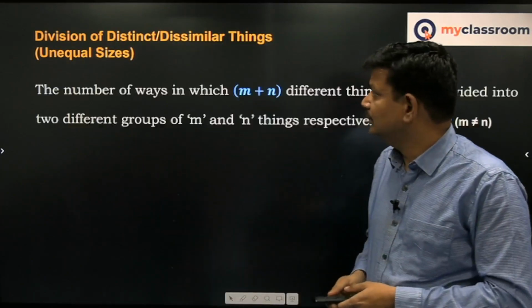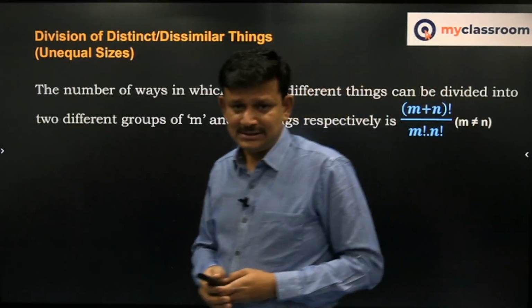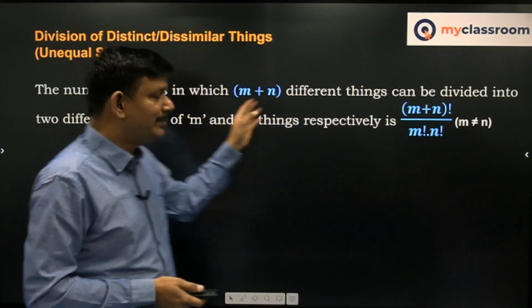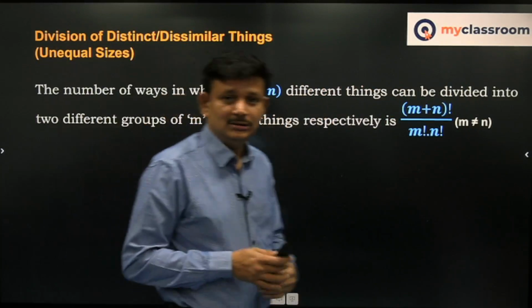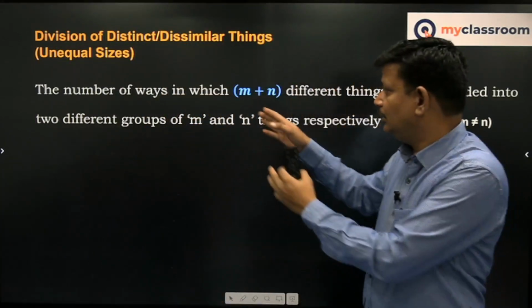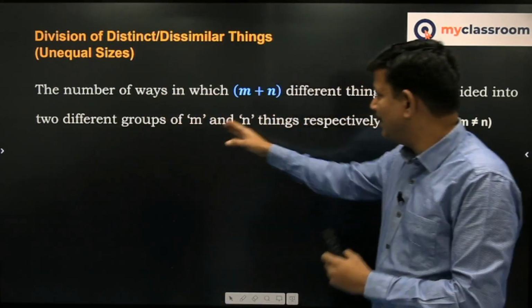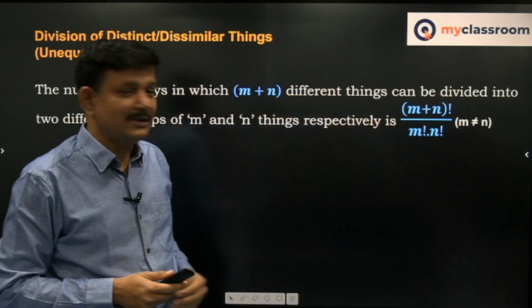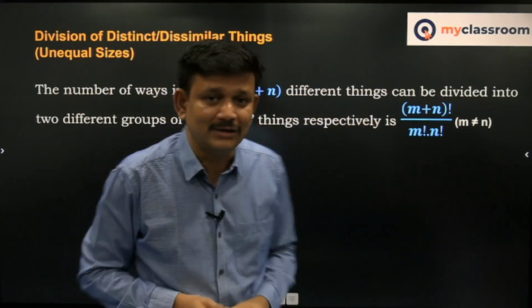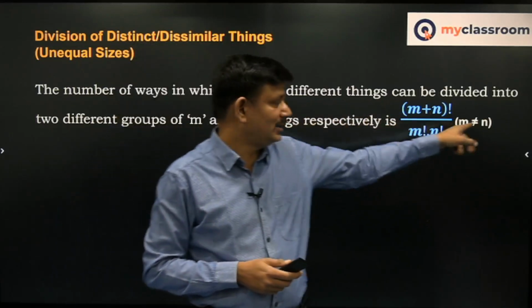Whenever you are distributing distinct things of unequal sizes, let us say I have to distribute m plus n things, all different, among 2 persons or 2 different groups of sizes m and n. This can be done in (m plus n) factorial by m factorial into n factorial, whenever m is not equal to n.